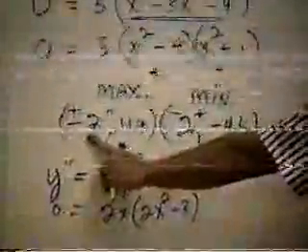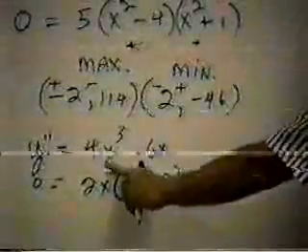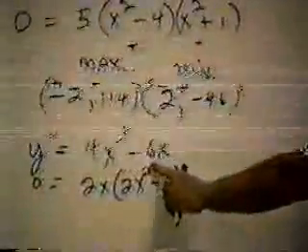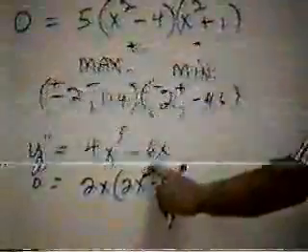Now, let's go back over to where we looked at max and minimum and look at the shortcut. If we put a minus 2 in the second derivative, that would be a minus 8, a minus 32, plus 12, which is negative. If the second derivative is negative for this value of x, then it's a maximum.